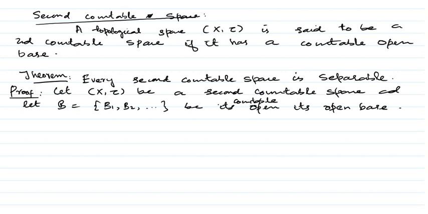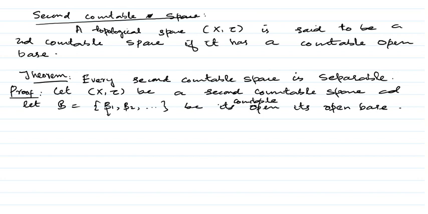It looks like we should select one point from each basic open set. So B1 is a basic open set, B2 is basic, they're all basic open sets. We select one point from each basic open set, then that set is a subset of X and it's also a countable subset. And finally we'll see that this countable subset is actually dense in X.